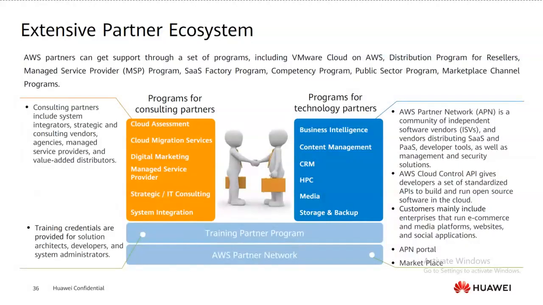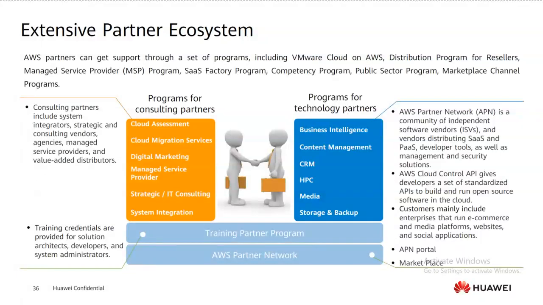Extensive partner ecosystem by AWS, that's Amazon Web Services. They have cloud assessment, migration services, digital marketing, managed service providers, strategic IT consultancy, and system integration. All these are services they provide to partners.